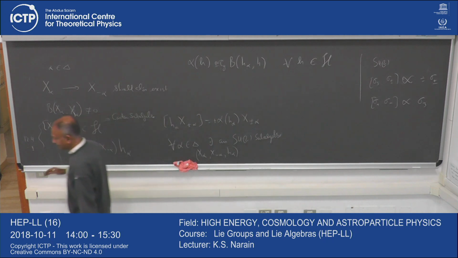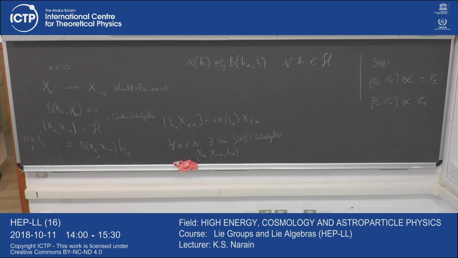Once we realize this, we can start getting very powerful results. We know all the representations of SU2, so everything else in the Lie algebra outside the SU2 should fall into some representations of this SU2. This is what one is doing now.